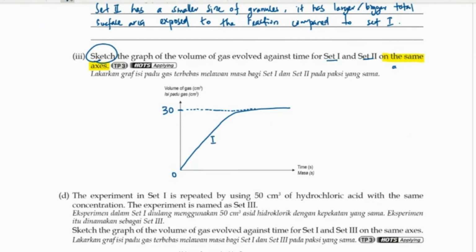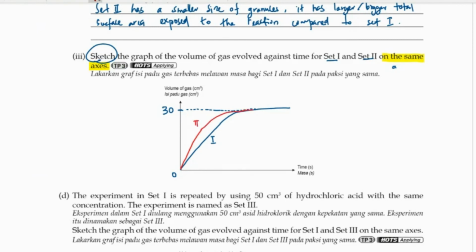Set 2 has a higher rate of reaction, so we make the gradient steeper.